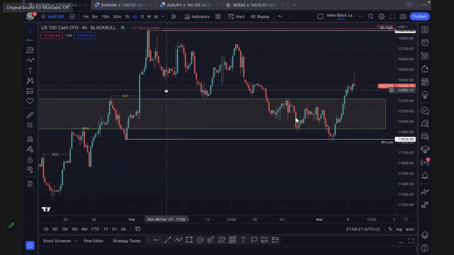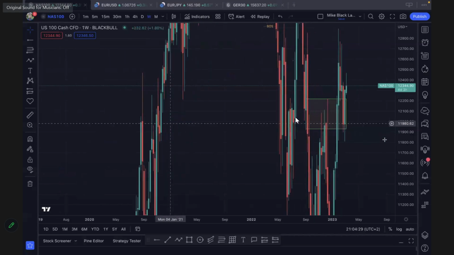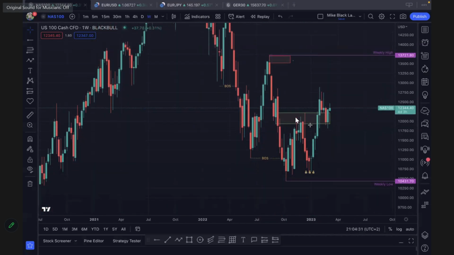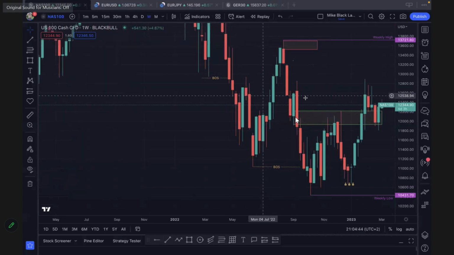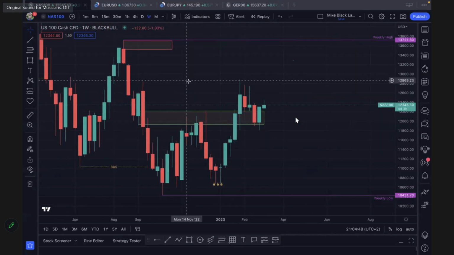So everything in between is still cat and mouse. But remember I said there's a reason for them mitigating this area, because on a weekly we have supply, we have liquidity, and we have this high, which is the fractal high, the daily high. So there was a reason why.